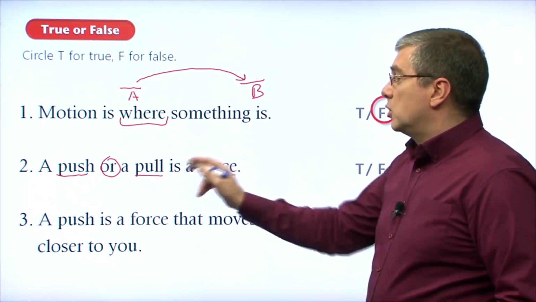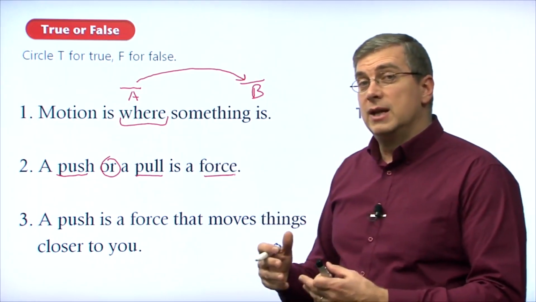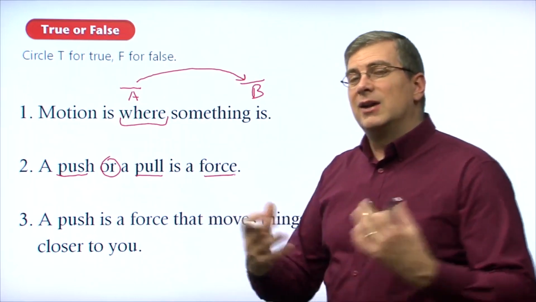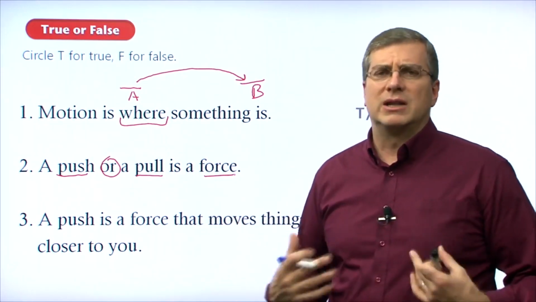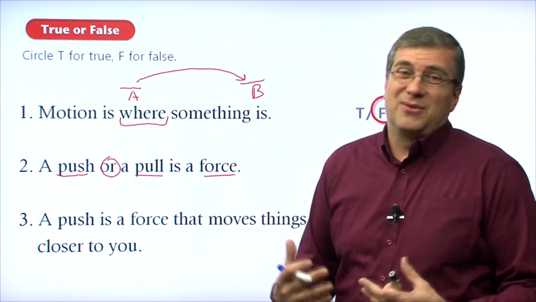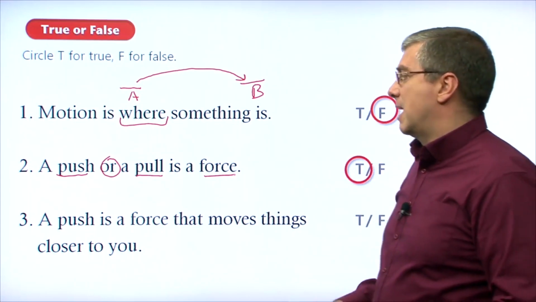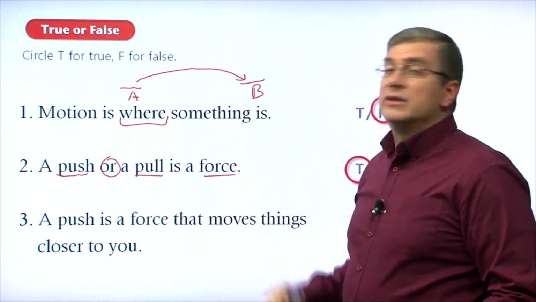Those are forces. A push or a pull is a force. That is true. I told you before, gravity, our bodies do generate gravity, but we can't use that, and we don't really make enough gravity to really matter. The earth makes enough gravity to matter. So a push or a pull is a force.